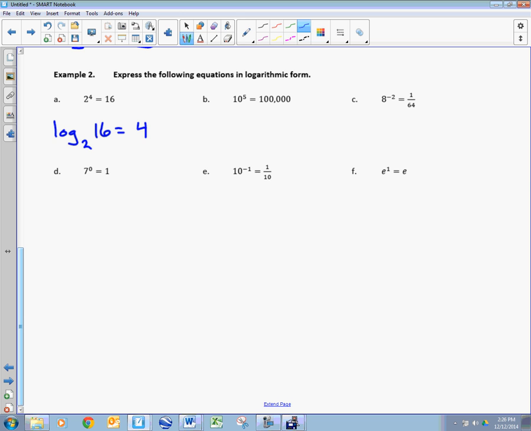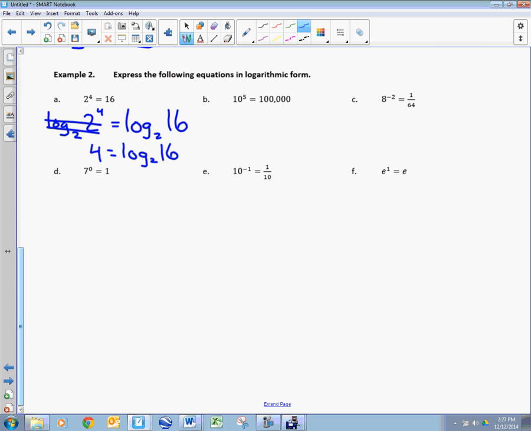Now, I'm going to show you once how we use that property to come up with that. If I take the log base 2 of both sides, log base 2 of base 2, what happens to those? Canceling, leaving you with 4 equals log base 2 of 16. And that's what you wrote down, isn't it? That's what actually happened when you were doing that. That's the mathematics that occurred.